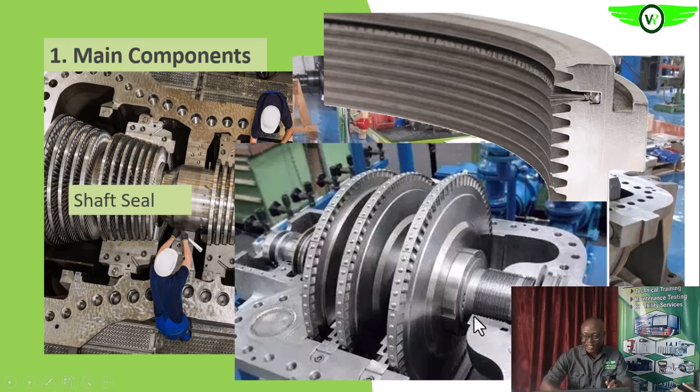As the steam is trying to escape, assume that it escaped through this, turbulence is created that tends to act against the steam that is coming. That invariably will reduce the pressure, apart from the fact that the hurdle created by this labyrinth has actually helped to reduce the pressure to some extent.